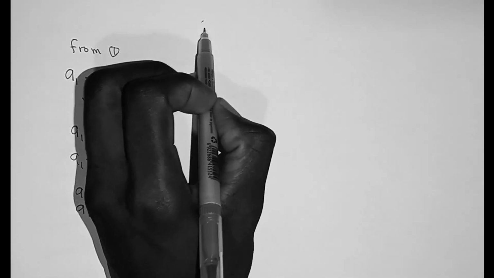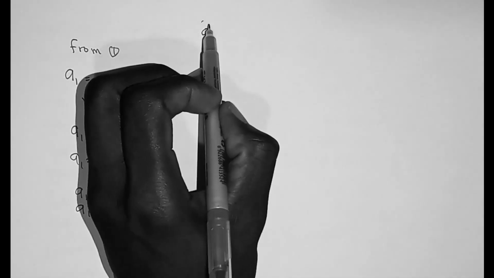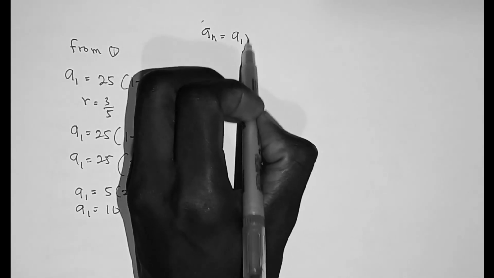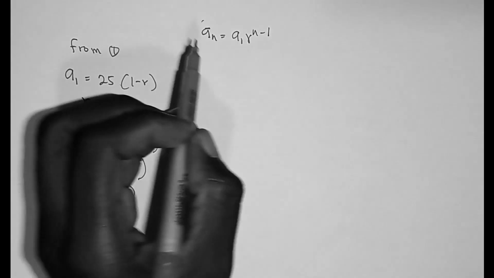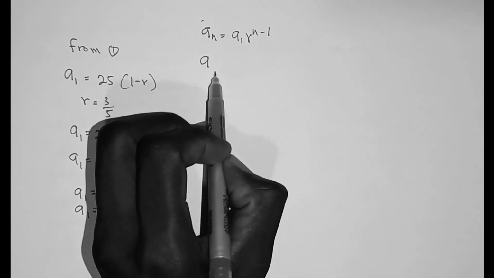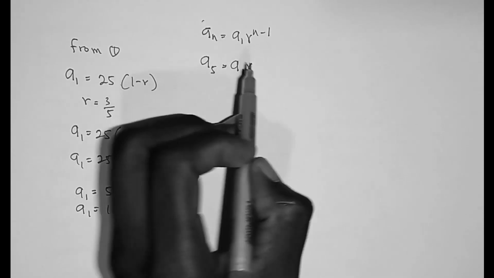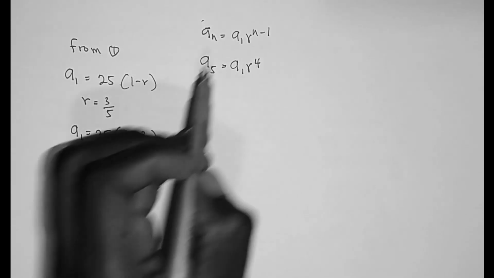The question says in the B part that we should find the fifth term. Remember that an is equal to a1 r exponent n minus 1. So the fifth term a5 is equal to a1 times r exponent 5 minus 1, which is 4.